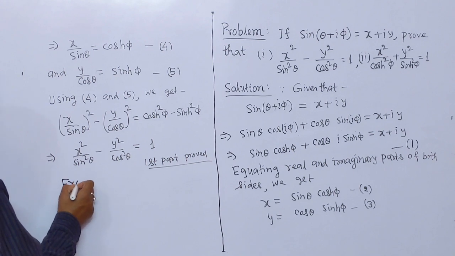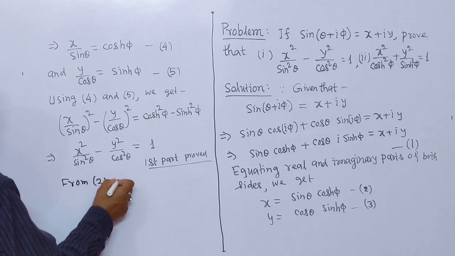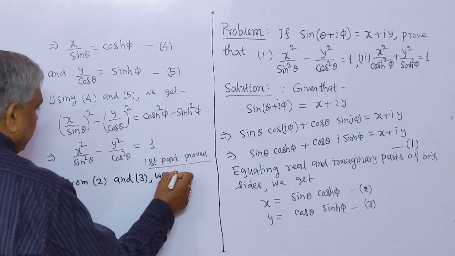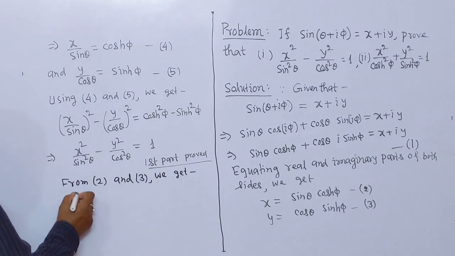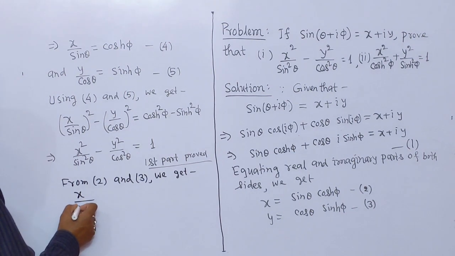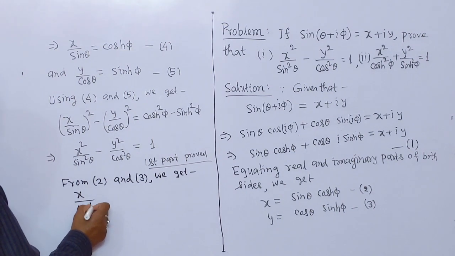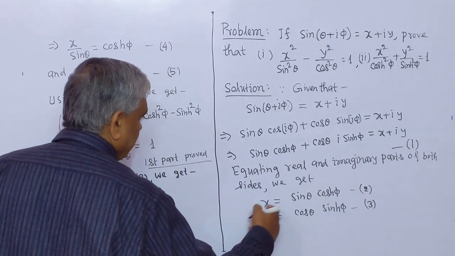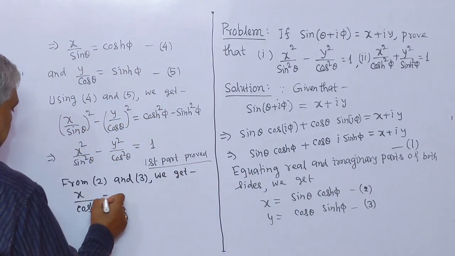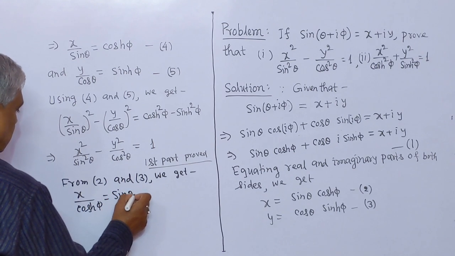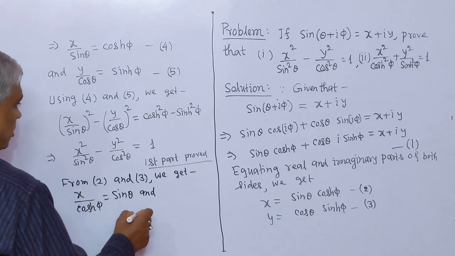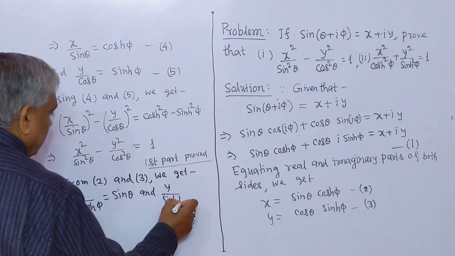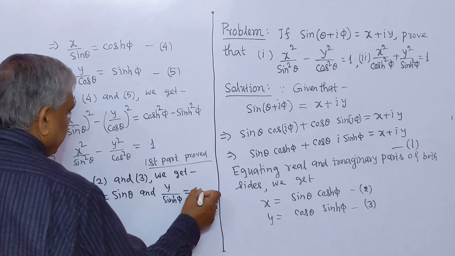From 2 and 3, we get x by cosh phi equals sin theta, and y by sinh phi equals cos theta.